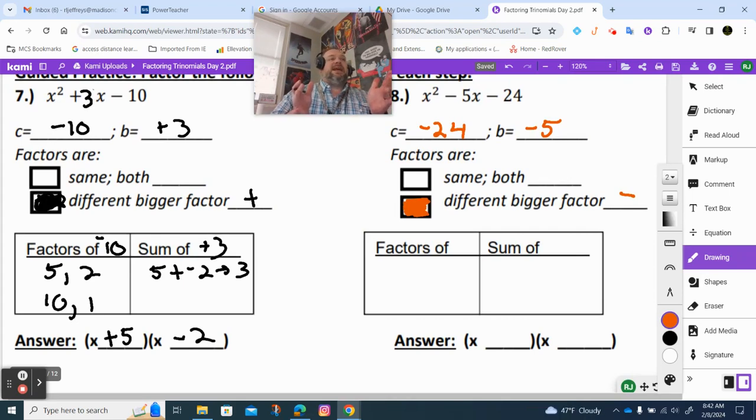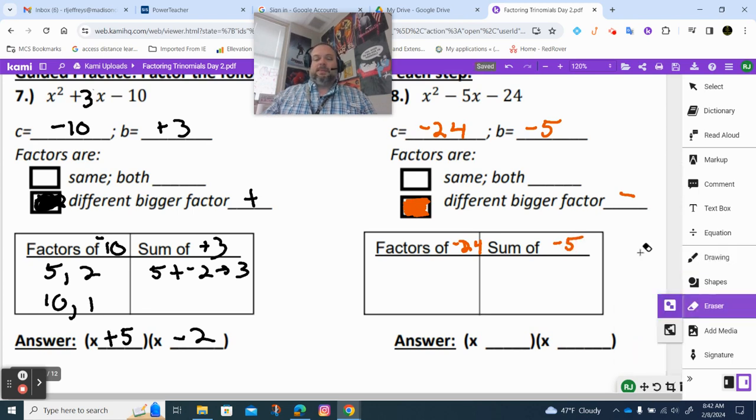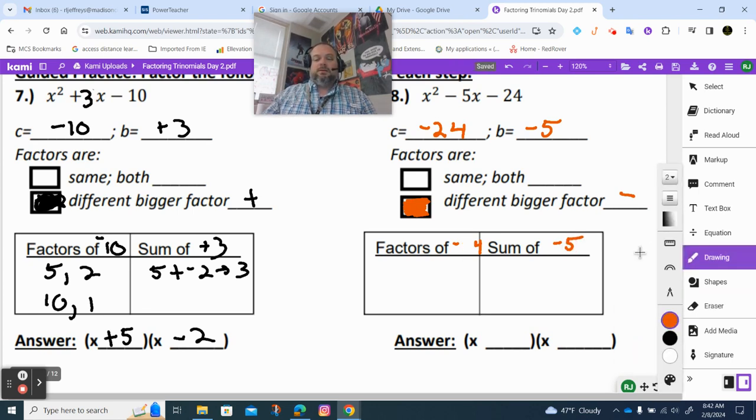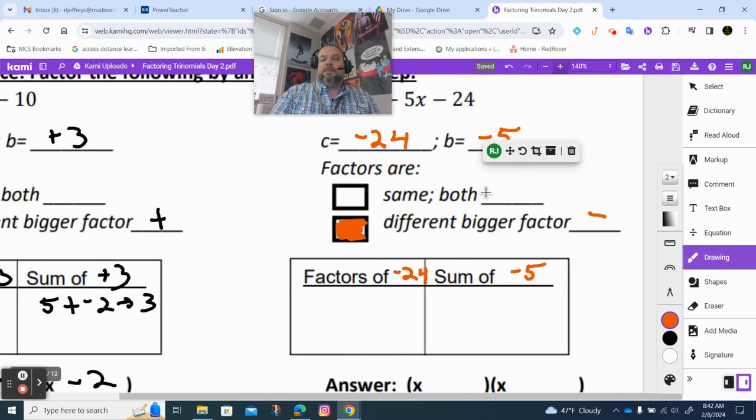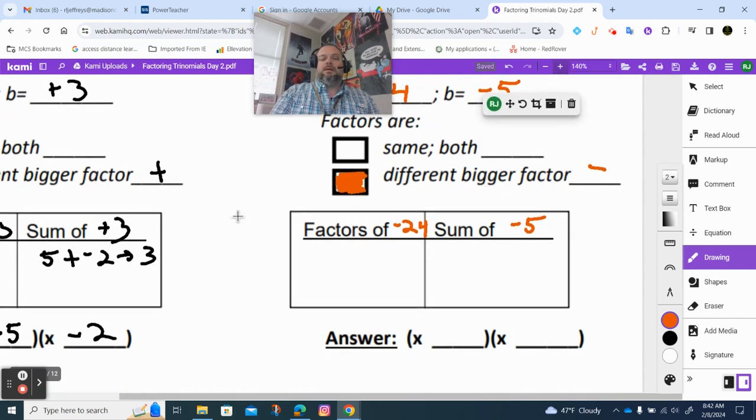Now, 24 is not going to be as nice as 10 or 15 or some of the other ones, because 24 has multiple factors, right? All right. So sometimes that's when we're going to have to use that calculator to help us. All right.